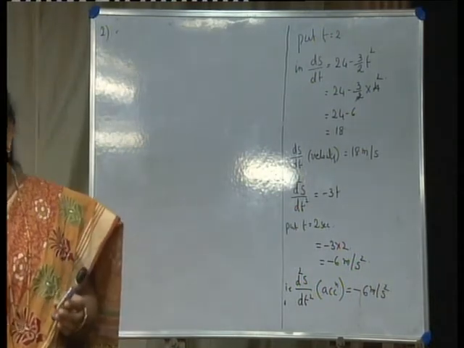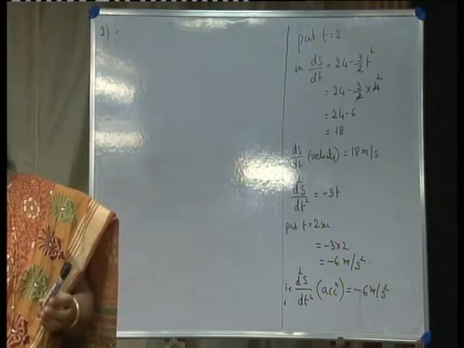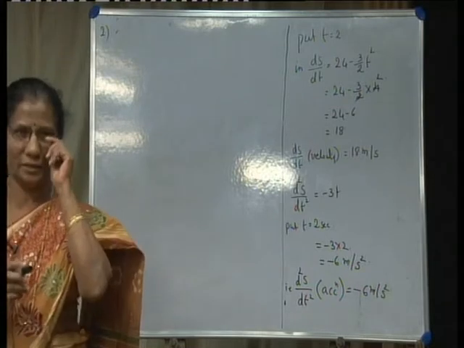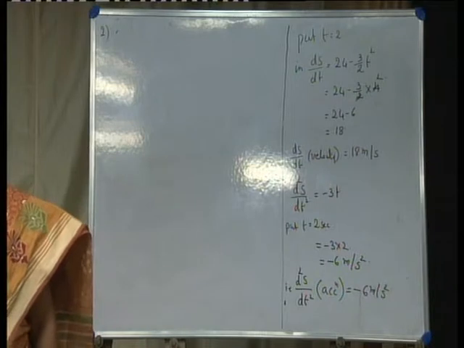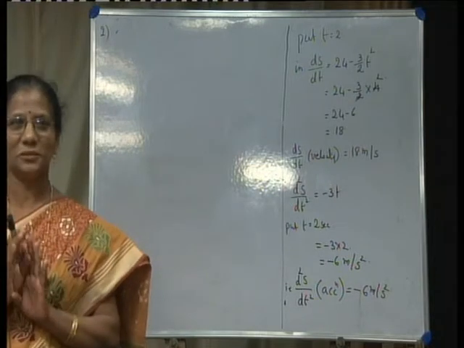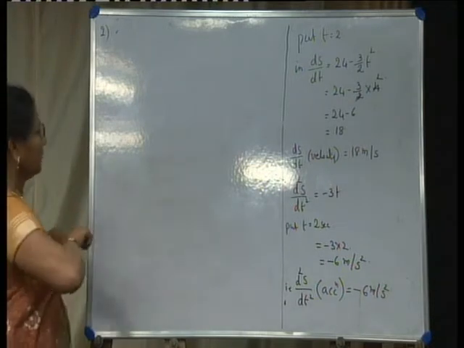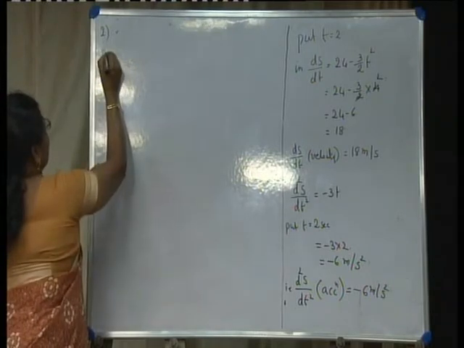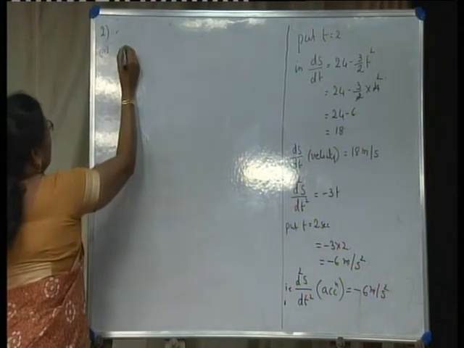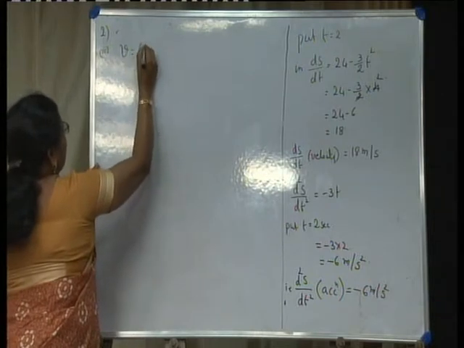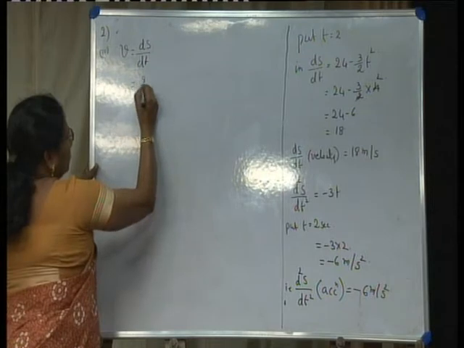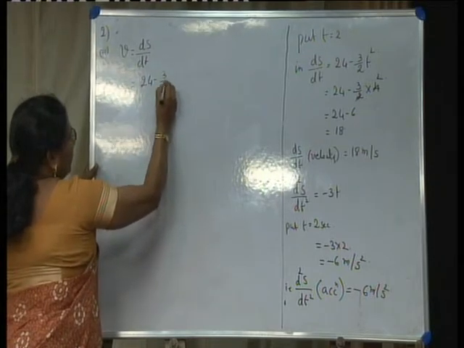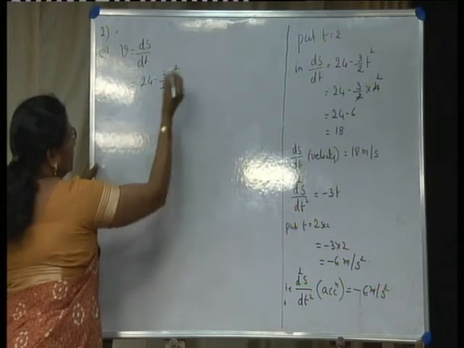The third bit is average velocity between 3 seconds and 5 seconds. Velocity, we are having in ds by dt, the third bit. Velocity ds by dt. We have 24 minus 3 by 2 t squared.